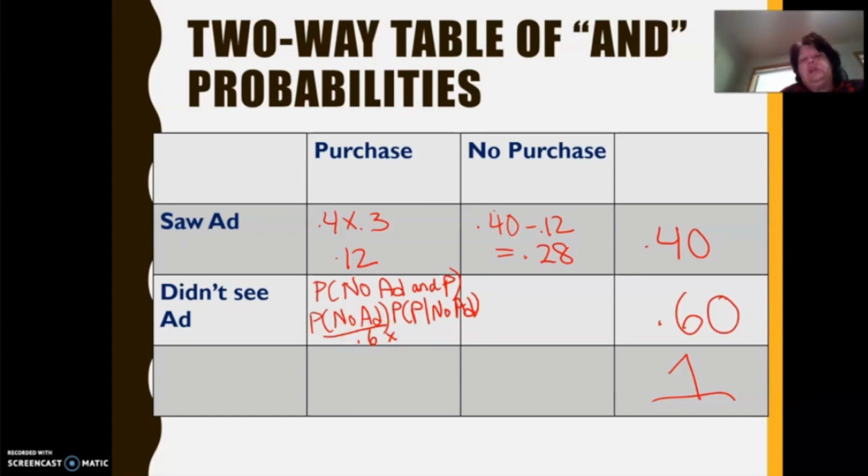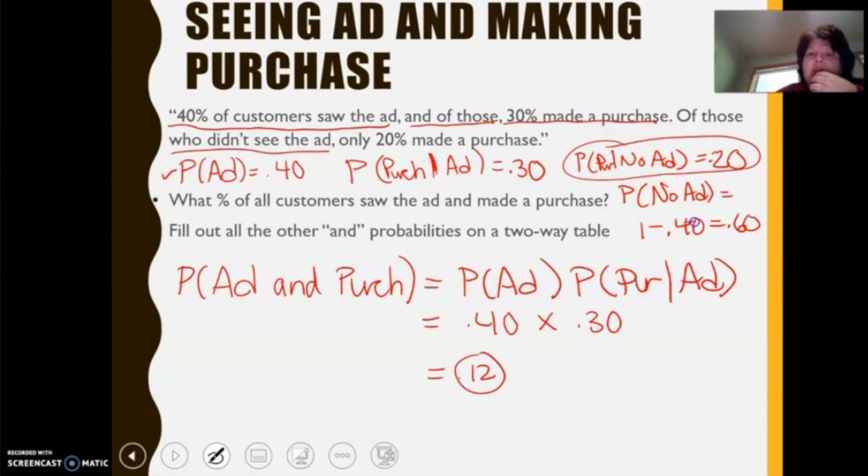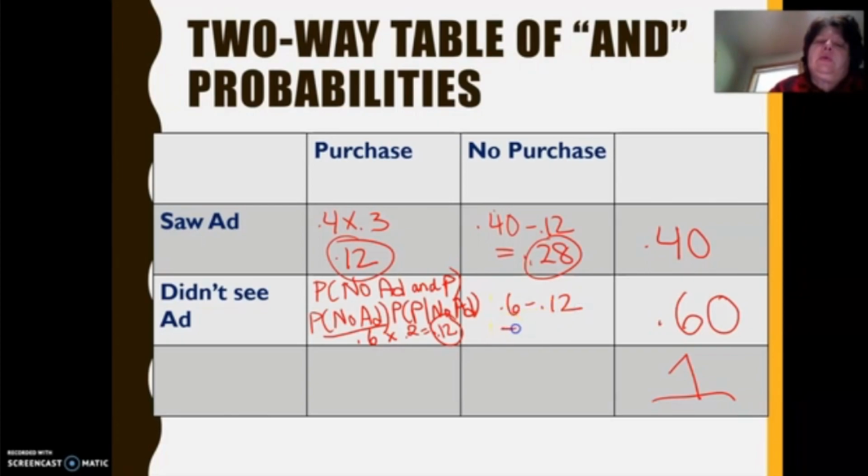And probability of purchase given no ad is right here, 0.2. So that's times 0.2, and this is 0.12. I'll circle these here so we can see them better. And then the last lower right cell would be 0.6 minus 0.12, which is 0.48.